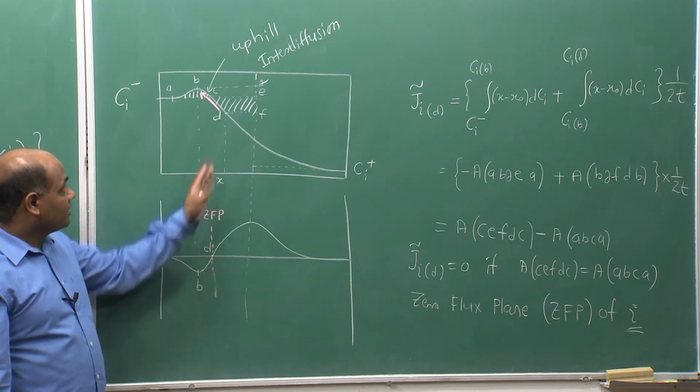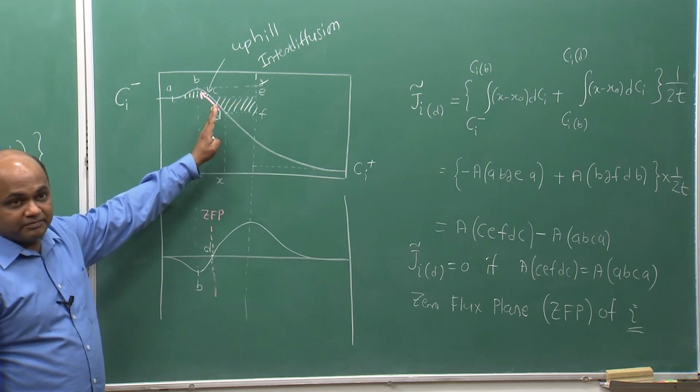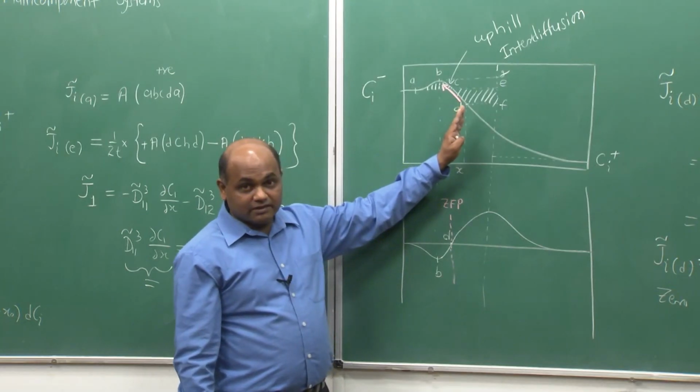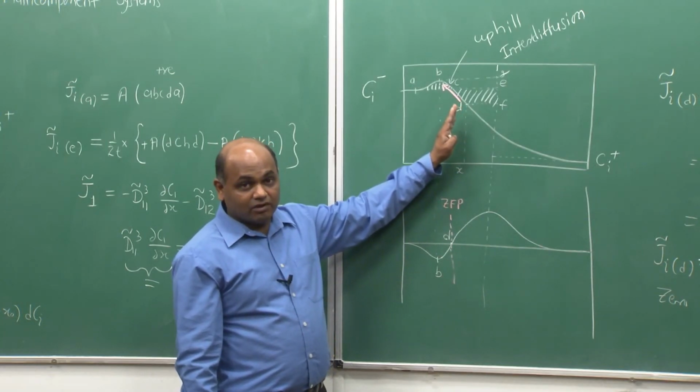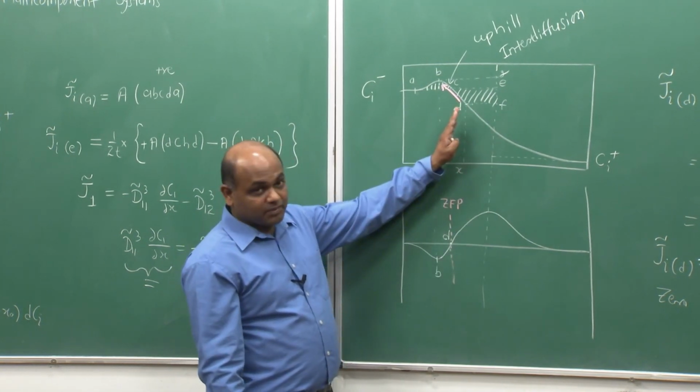Also, we know each composition plane is moving with time, right. We derived the expression for velocity of composition plane earlier, v of Ci equals x over 2t, and so each composition plane is moving with time.